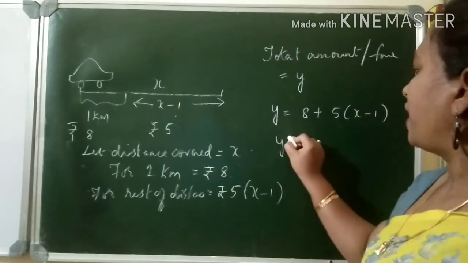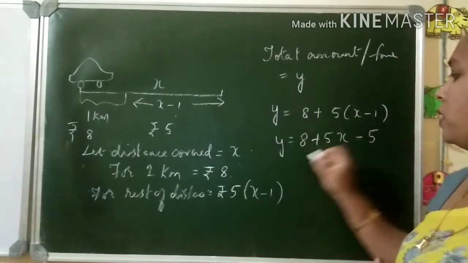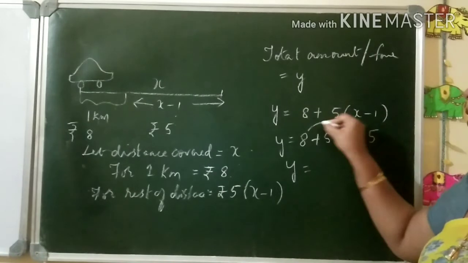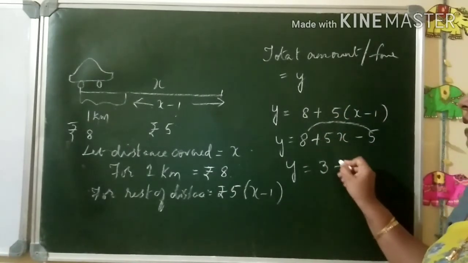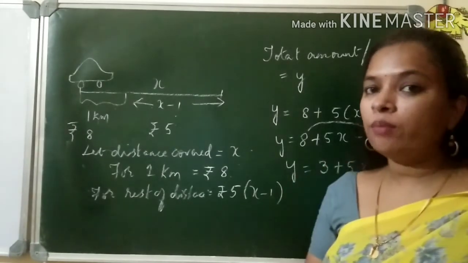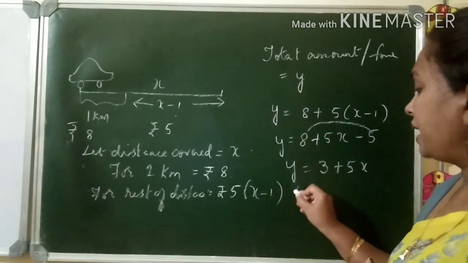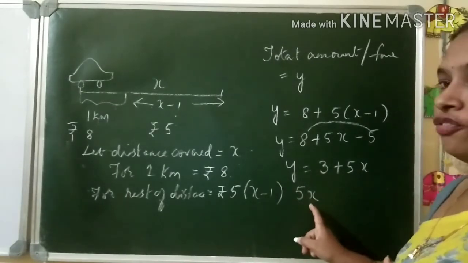So now this will be y is equal to 8 plus 5x minus 5. So y is equal to, this is plus 8 and this is minus 5, so it will be plus 3 plus 5x. Now you can rearrange this in the standard form. You know how to write it in standard form. First it should be with the variable x.